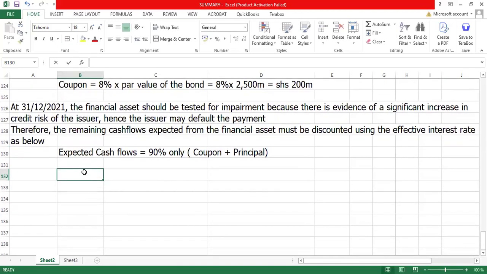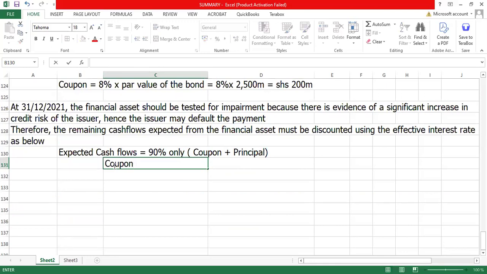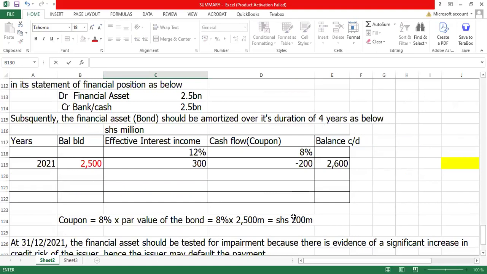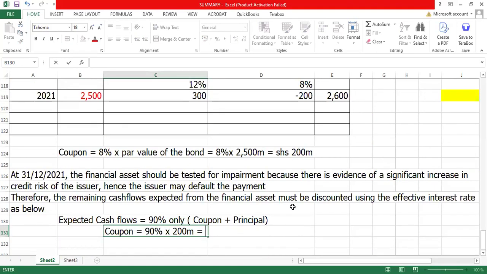So the coupon, or the cash flow, is 90% times the 200 million you'll be receiving every year, depending on what we have calculated here. What do you get? Shillings 180 million per year.